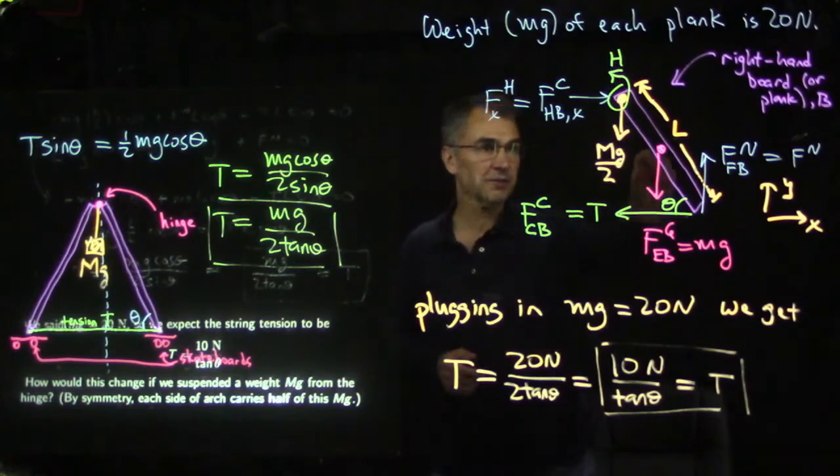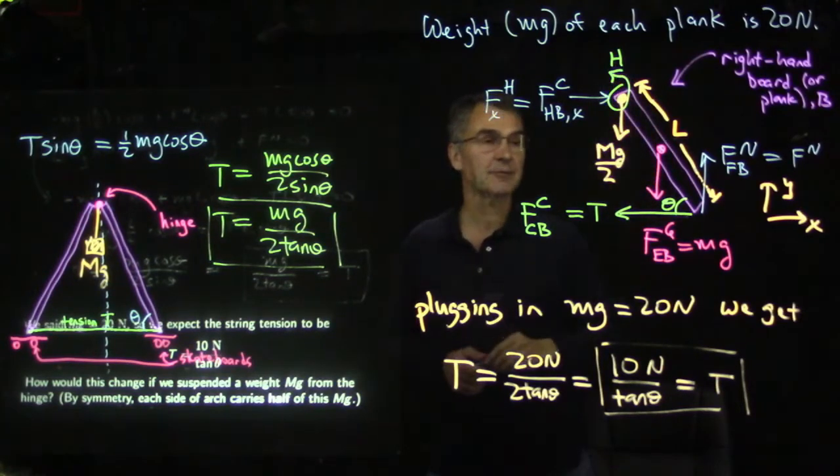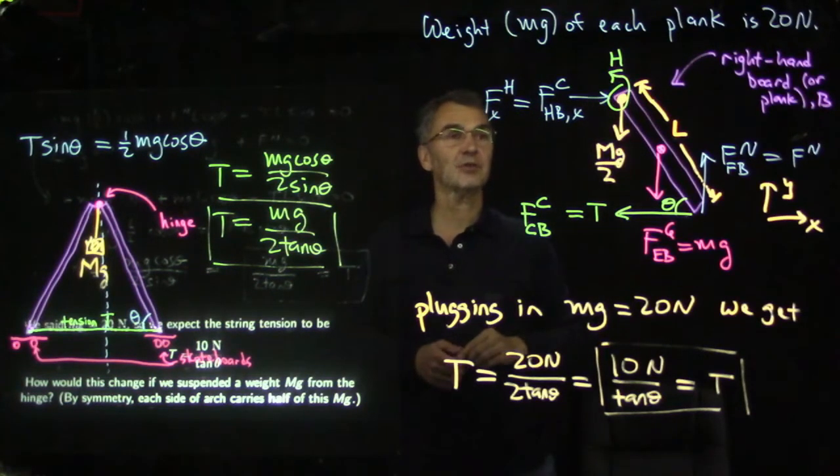So instead of little mg, we would have little mg plus big Mg over 2 to balance the normal force. And then we could just fill in the rest of the results, but I don't think I want to do that here.